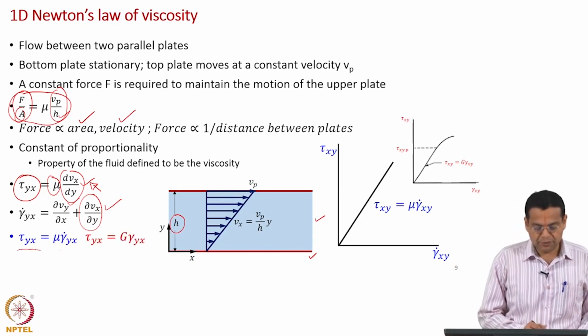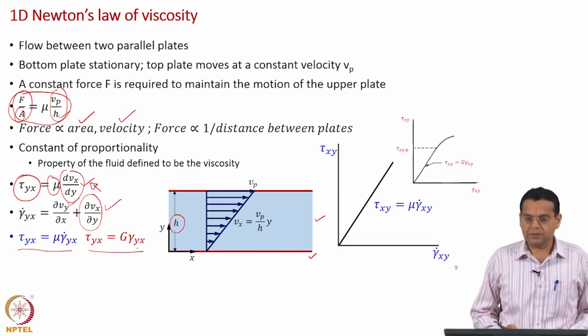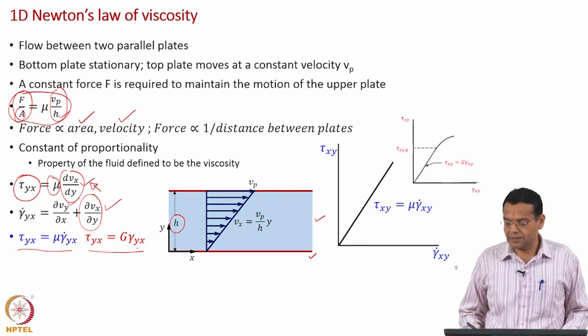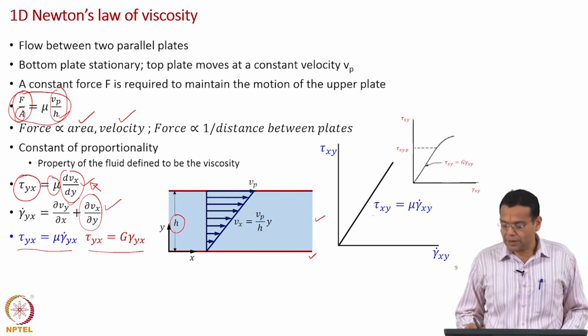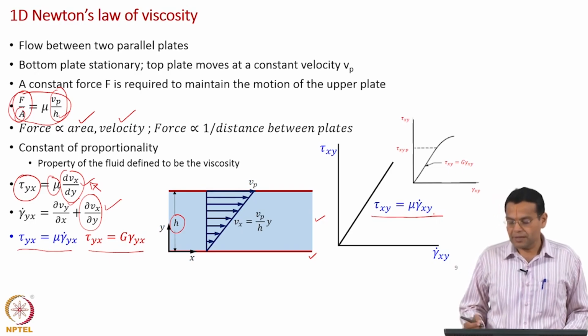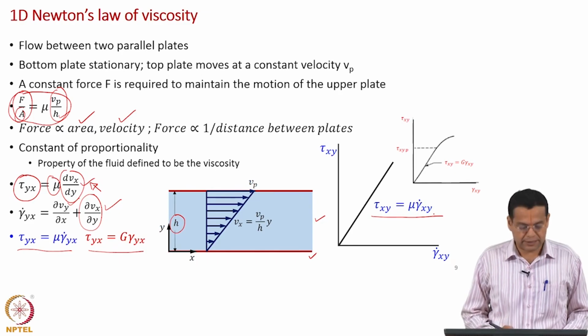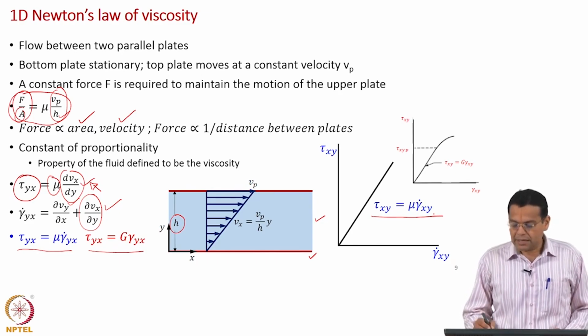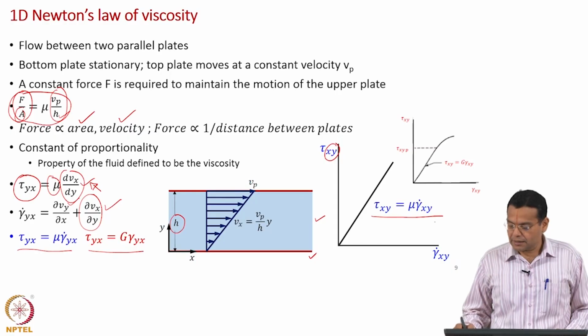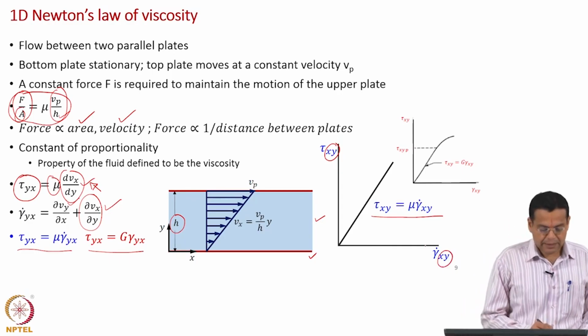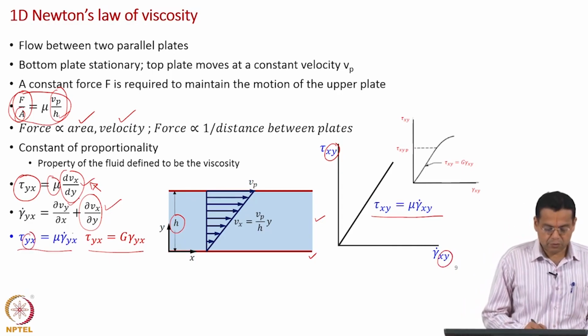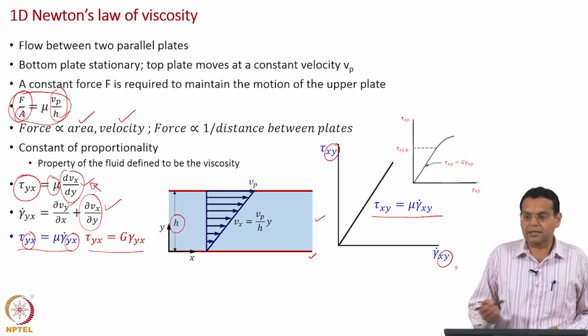That is for the case of fluids, and this is for the case of solids, and that is what we have seen in the previous slide as tau xy is equal to mu into gamma dot xy, okay. So, what we have seen is in fact a one dimensional form of Newton's law of viscosity. Here it is xy and here it is xy, and here we have written in terms of yx and yx. Of course, we know both are equivalent.